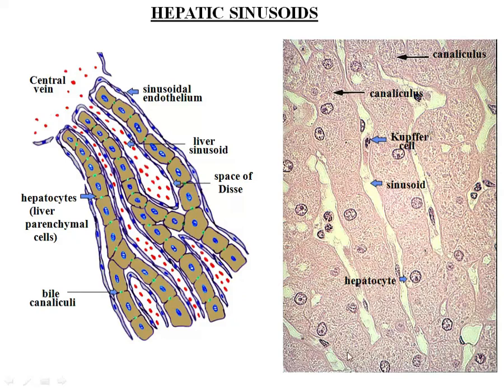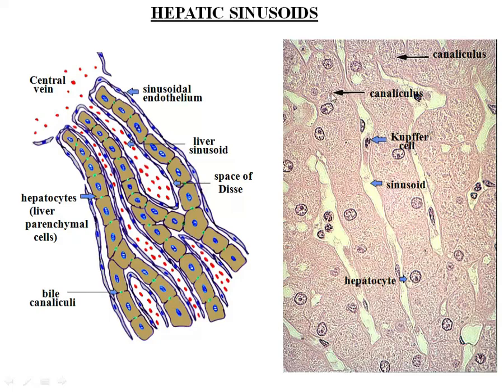Now in this photograph of an H&E stained liver section, you can confirm what is shown in this diagram. This nucleus indicates the nucleus of a hepatocyte. These are the hepatocytes. Then these are the hollow portions. They are the hepatic sinusoids, and this is a Kupffer cell.